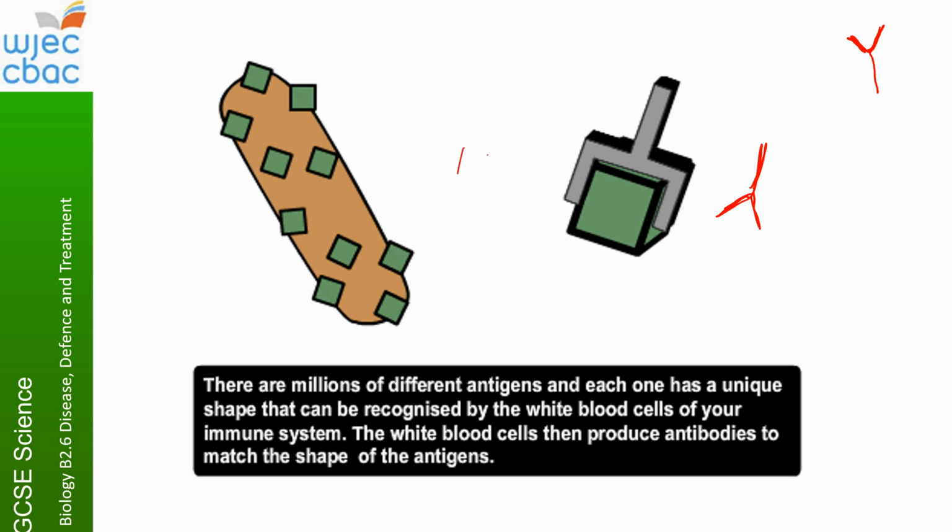So instead, we have a different shape. We have one that has like a cube shape. So the white blood cells produce the antibodies to match the shape of the antigens. But this can take its time. So can you fill in the second box? Pause the video to complete.